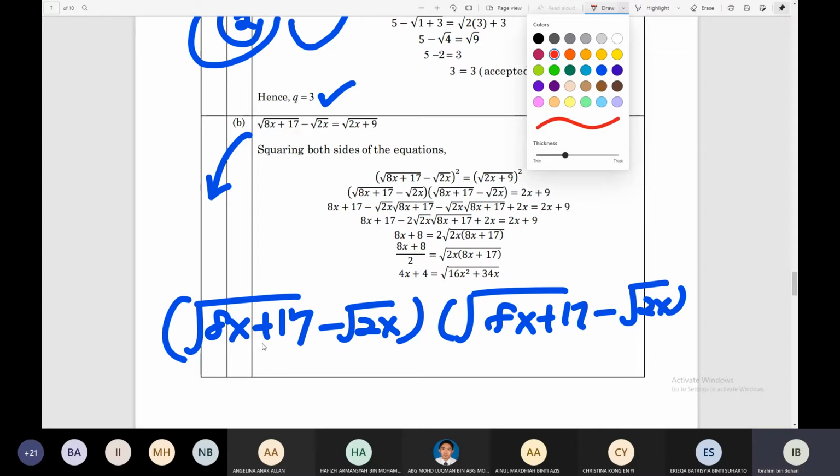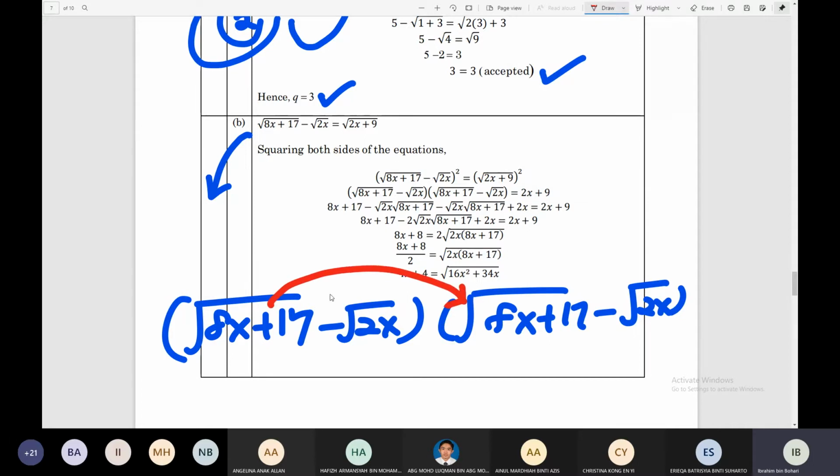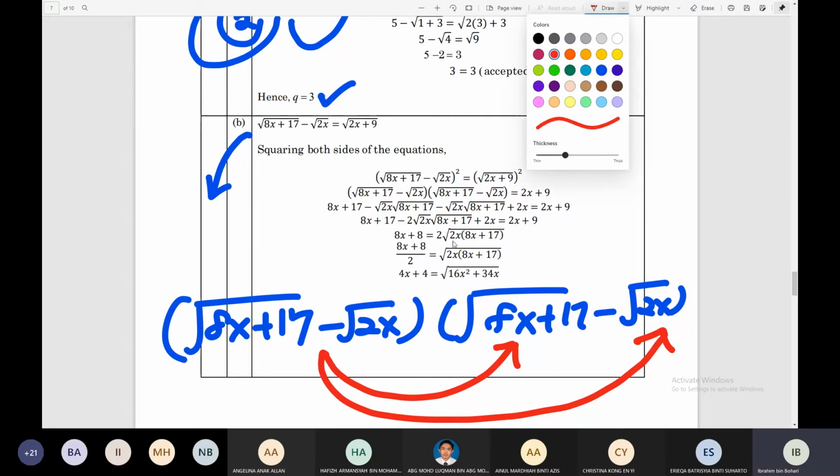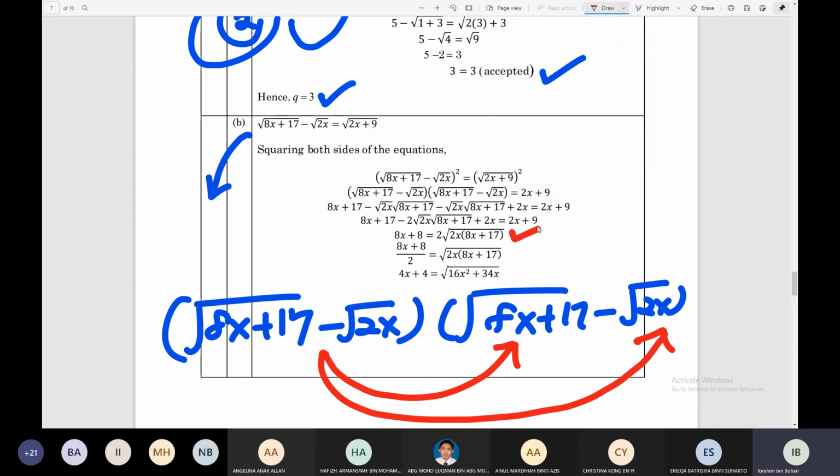So here, square root of x plus 17 minus square root of 2x, so the left hand side of the equation, it is the same as just now. So here you expand square root of x plus 17, and minus square root of 2x, negative square root of 2x times x plus 17, and this one negative square root of 2x times negative square root of 2x. Same thing. Okay. And then here you check the solution. So here equals x plus 18, and here equals 2 times square root of 2x times x plus 17. Yeah. So the left hand side of the equation equals 4x plus 4, and the right hand side equals 16x squared plus 34x.